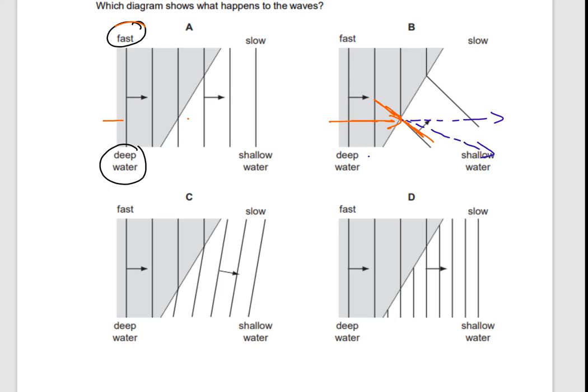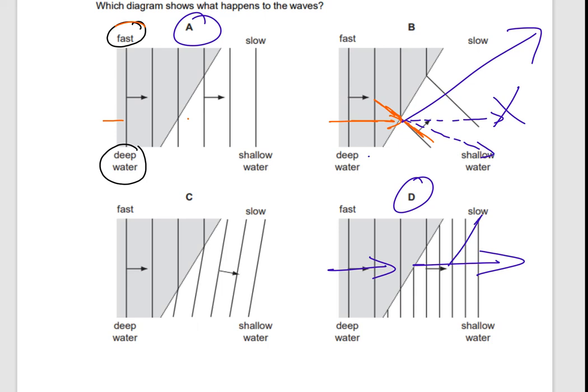Rather, you can see that the wave is going in that direction, so that's also not an option. The third one, A and D, you can ignore because you can see the wave is passing straight through. So that is also not an option. So the correct option is C. Look at that. This is the line of normal, and that's the direction of the wave. Instead of going straight through, the wave is bending towards the normal. So C is the option.